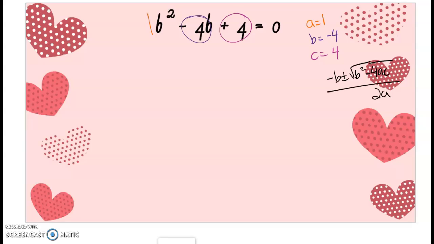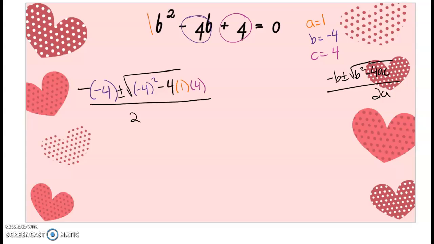All right, so I have a negative B. Remember, negative, parenthesis, the B, negative 4. Plus or minus the square root of the B squared minus 4 times A times C. Oops, forgot to put the number there. All over 2 times 1.